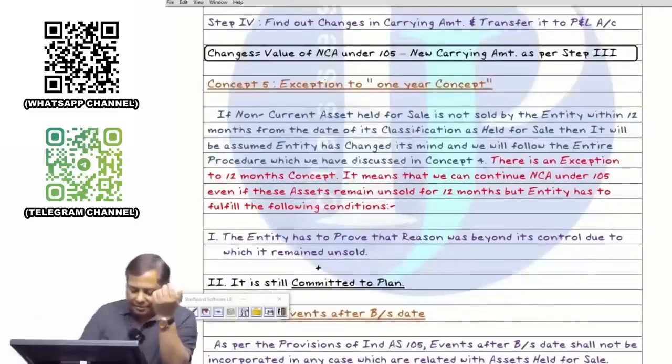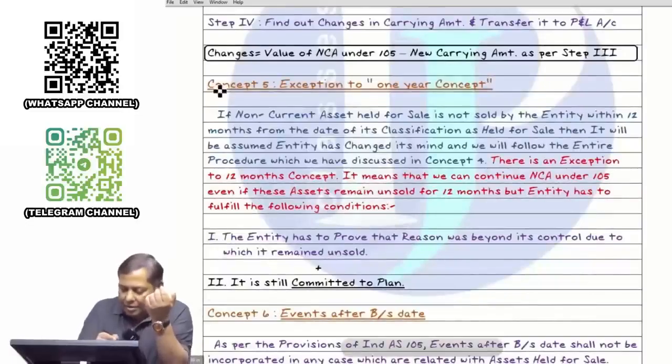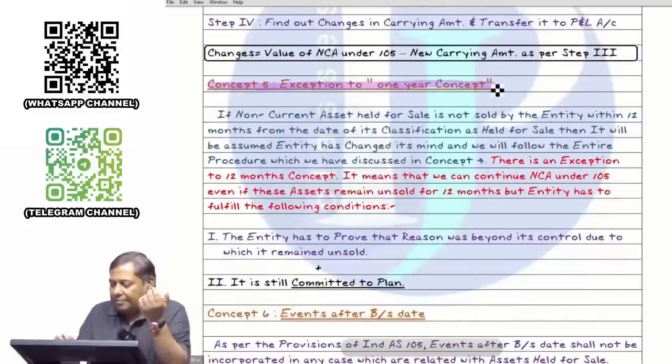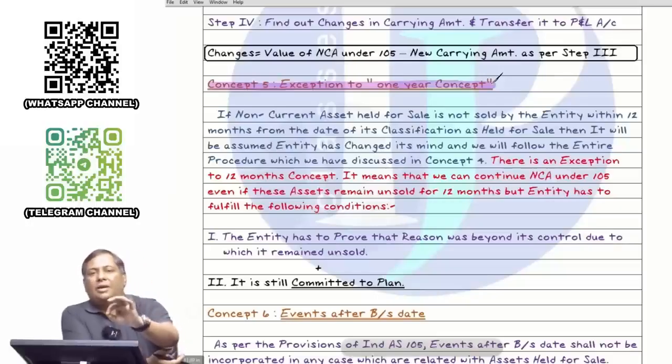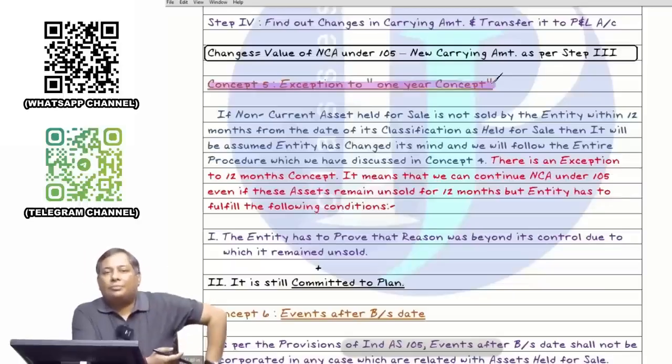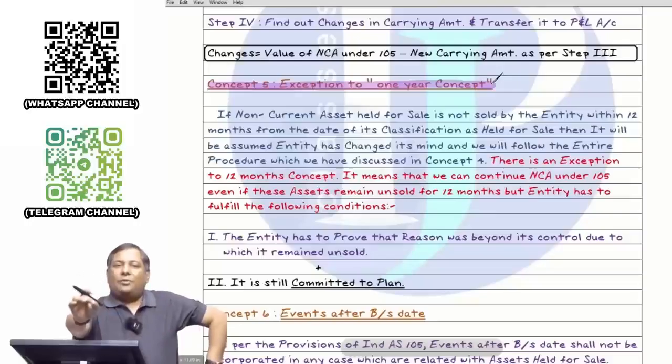Now concept 5. This is our 5th concept. What was taught in this? So students, I taught that if any entity is unable to sell its held for sale assets within 1 year, then we have declared an asset as held for sale. The condition is that the procedure should be completed within 1 year.